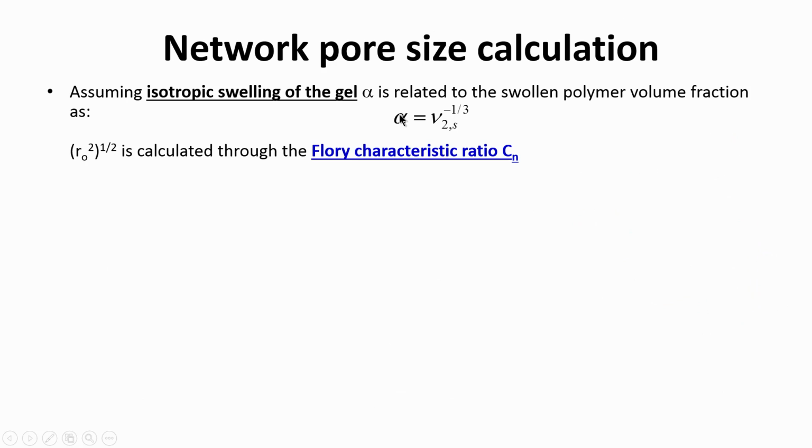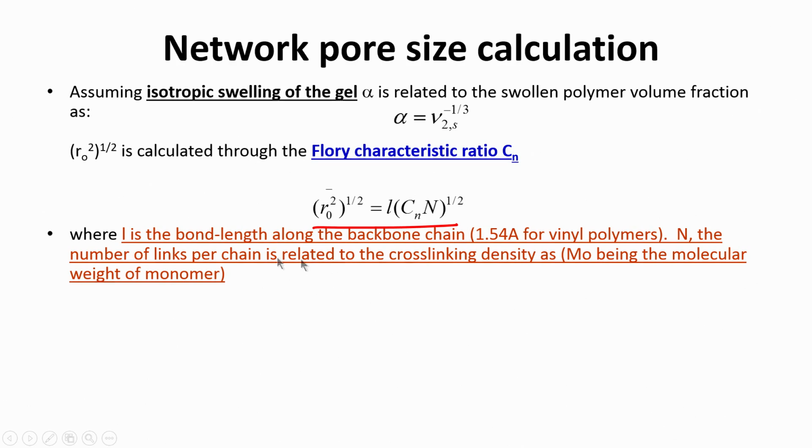If I assume that, then the alpha, which is the elongation, is proportional to the negative cube root of V2S, which is the volume fraction in the solvent. Then R0 is calculated through the Flory characteristic ratio n, defined empirically like this, where l is the bond length along the backbone, typically 1 to 1.5 to 1.7 Angstrom for different polymers.